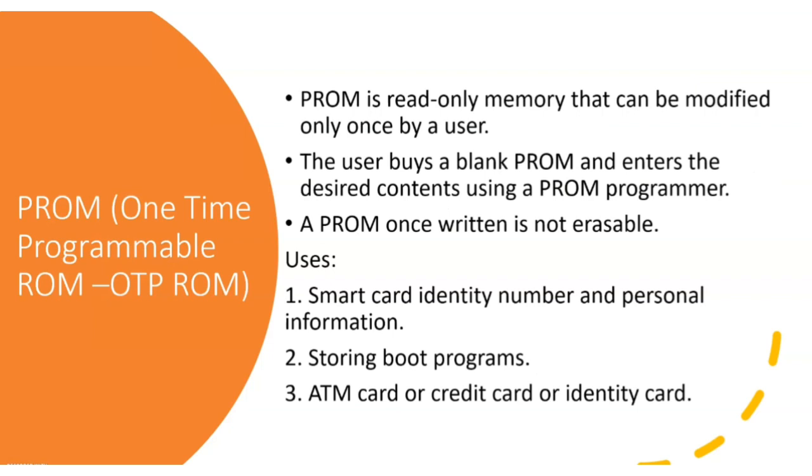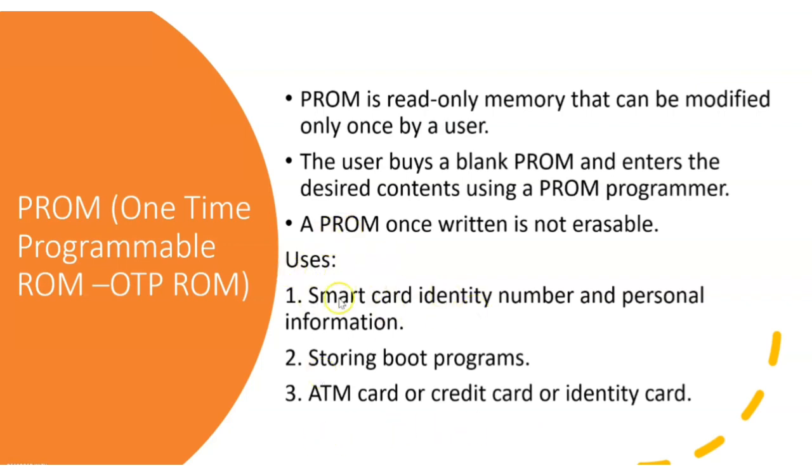The next type is PROM, that is programmable ROM, or one-time programmable ROM, which you can call OTP. PROM means you can buy this memory and program it once. Even after the PROM is manufactured, you can program it once, but once programmed, you cannot make any further modifications. That is PROM.